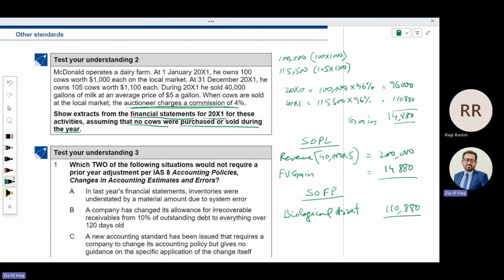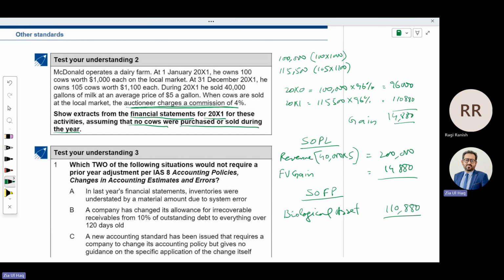People will offer their bid, and the highest bidder will be able to buy the asset. But it's mentioned that no cows are purchased or sold. This means the quantity of cows will remain the same. But we should record fair value less point of sale cost.